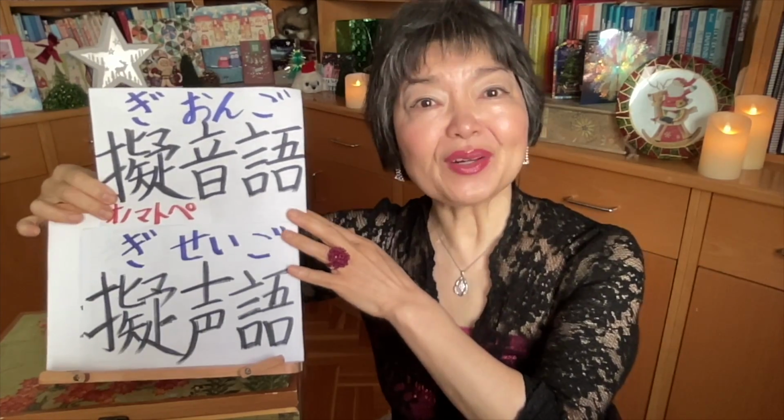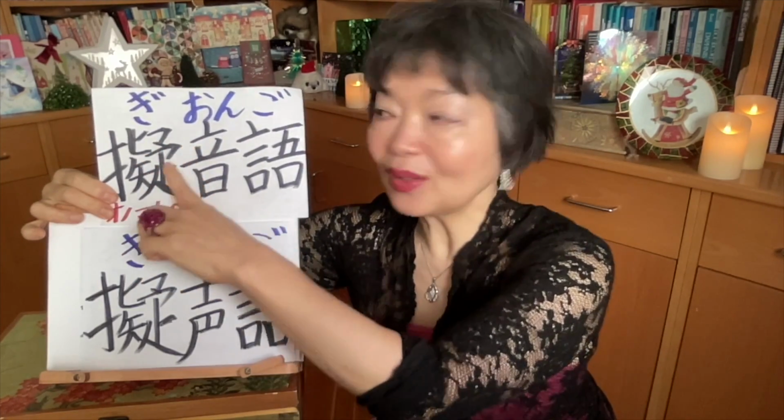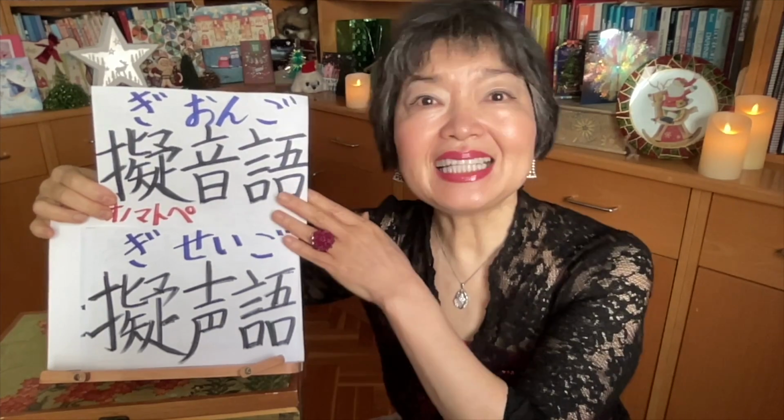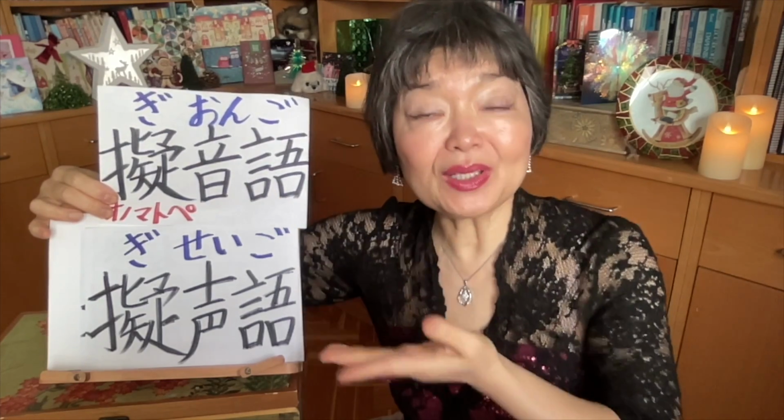In the category of Gyongo, there are two. This one, Gyongo, here it means the sound. And Giseigo, this is koe, the voice. Gyongo is the word that represents the sound of nature or the sound of inanimate objects, things that don't have any lives.